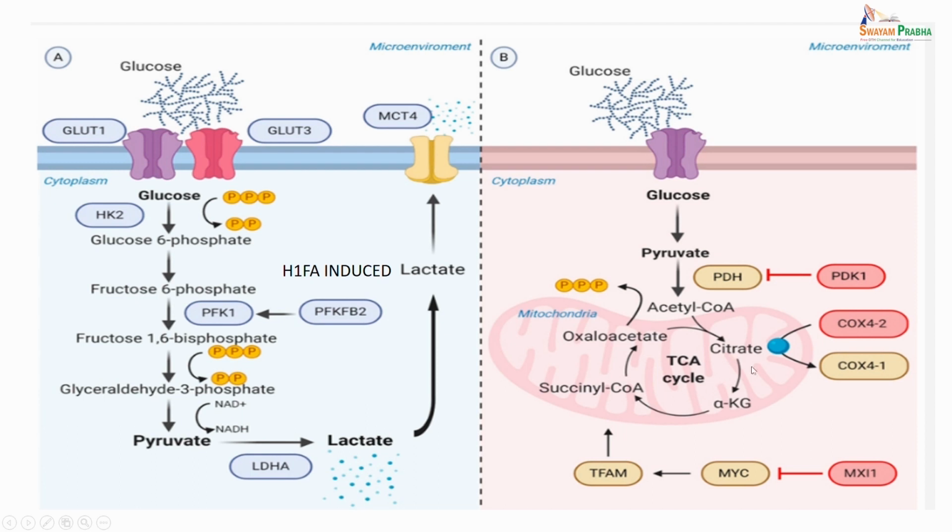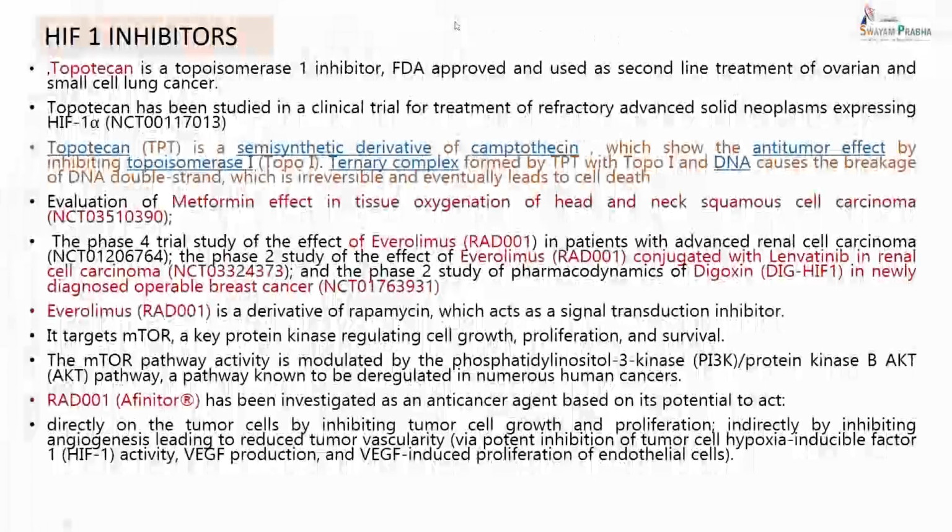The TCA cycle does not happen, and then along with that, the other players are the COX and then the other oncogene MYC, which in turn can lead to transcription of several genes which are important in the process of oncogenesis. Now let us see how this HIF1 can be inhibited.